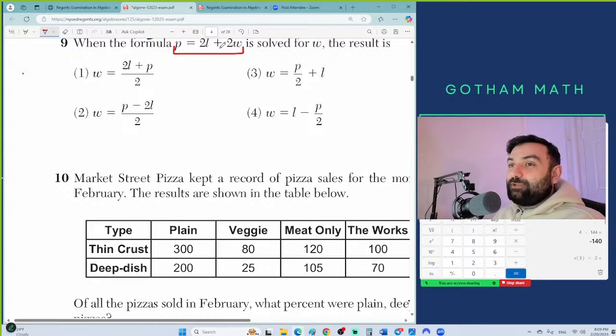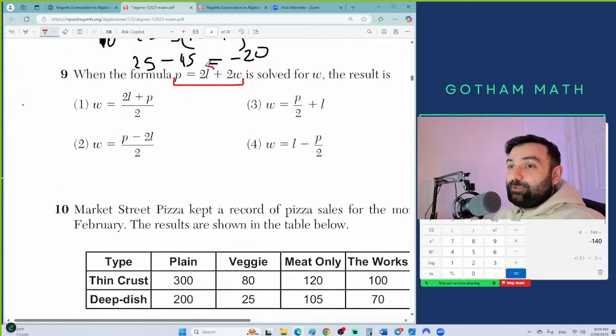So how do we do it for W? First, we take the 2L and move it to the left side, changing sign. I don't want to say subtract because in this case, moving it seems easier to understand. So it's going to be P minus 2L equals 2W.